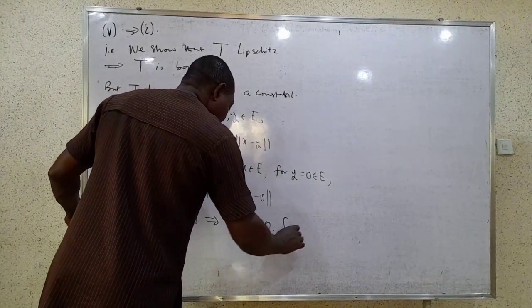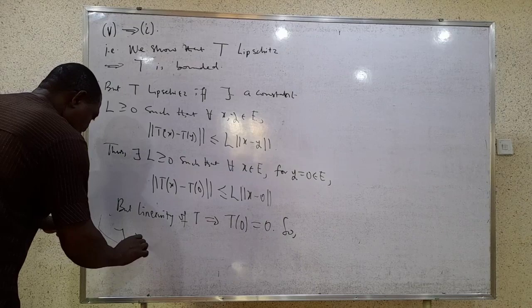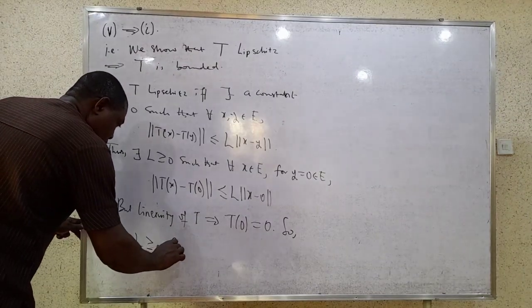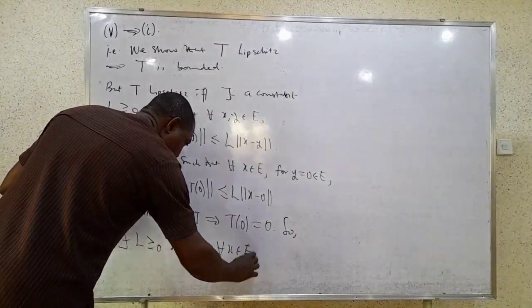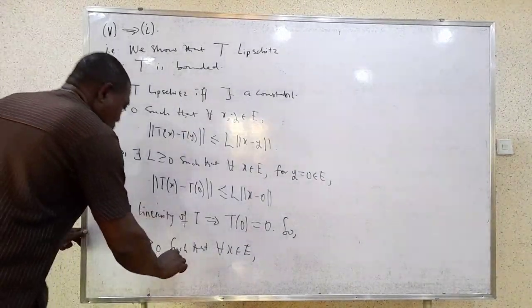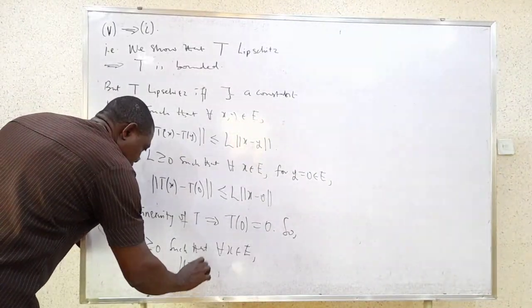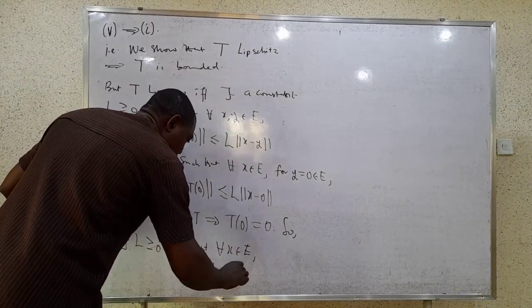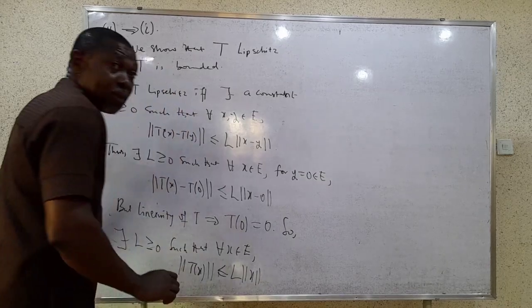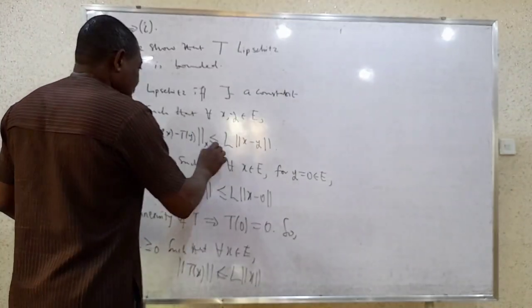So there exists L greater or equal to 0 such that for any x we pick in E, norm of T of x is less or equal to L norm of x.